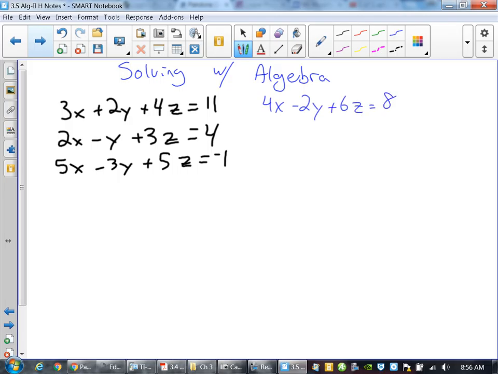And the next one is 3x plus 2y, 4z is 11. And I'm going to add these guys together. That eliminates the y value. 7x.